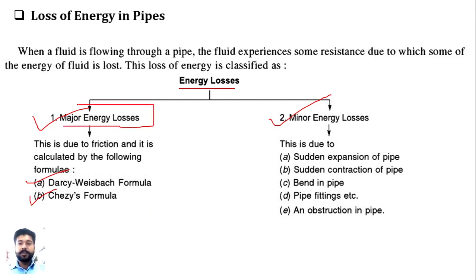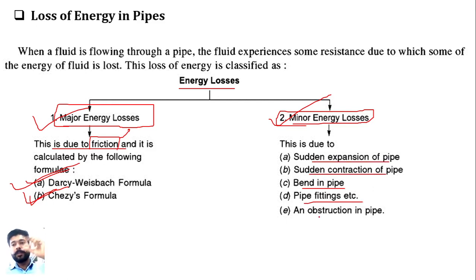Major energy losses mainly occur due to friction, and are calculated by these two formulas. Whenever there are losses in a pipe because of friction, this kind of loss is called major loss. But there are other types of losses which also occur in a pipe: sudden expansion of the pipe or sudden contraction of the pipe, a lot of bends in a pipe and extra fittings, or any obstruction put into the pipe.